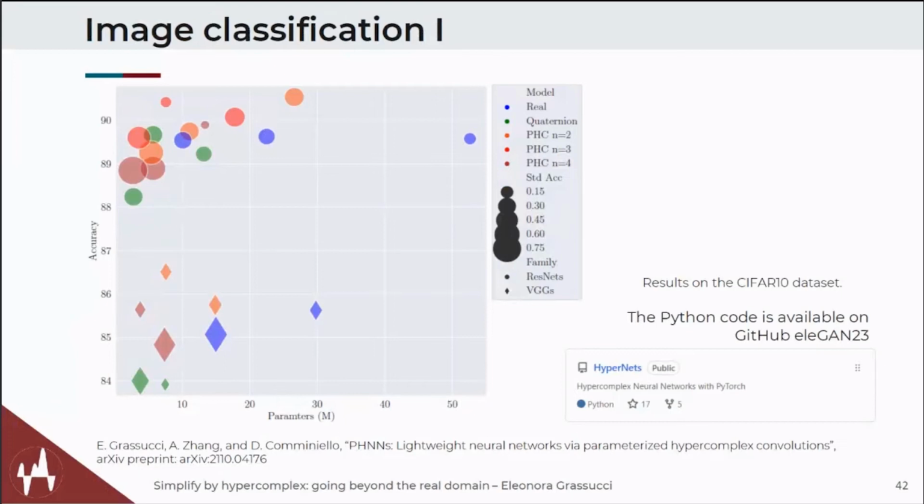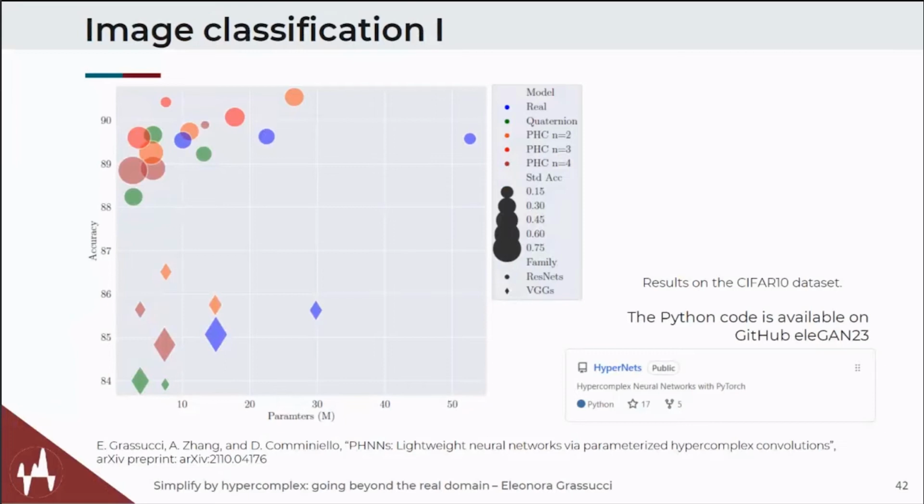So different ResNets, different VGGs, we test up to ResNet 152, with lots of parameters. The real-valued ResNet 152 is the foremost at the right with almost 55 million parameters, and we reduce it to 10 or 20 million parameters.